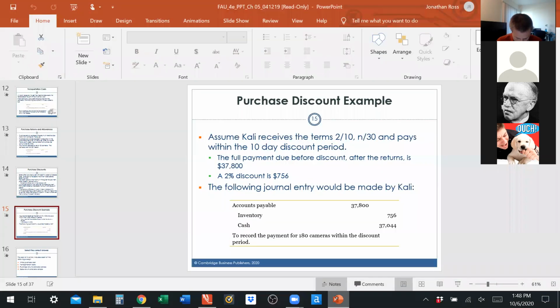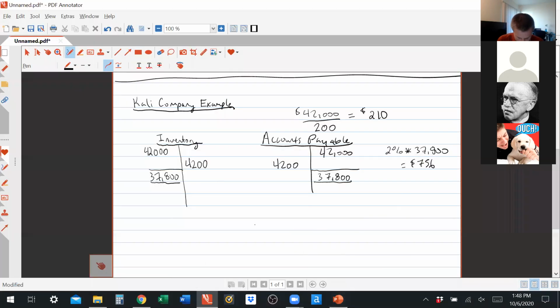All right, so what's the journal entry when we pay them? Well, we know we write the check for $37,044, and we're paying off an account payable that is worth $37,800.